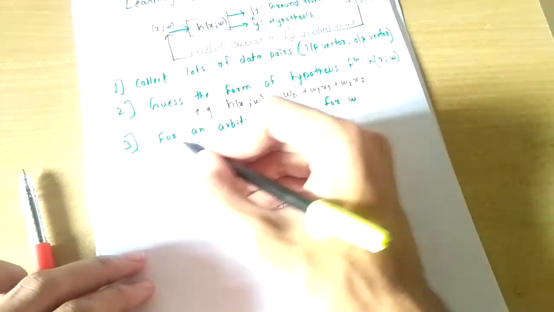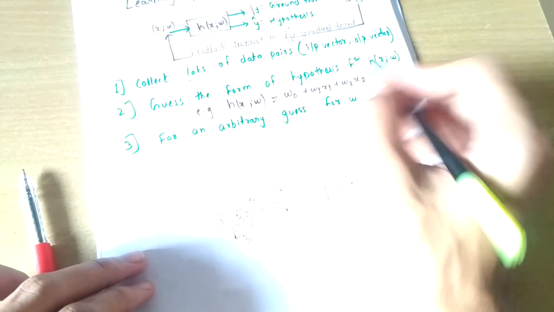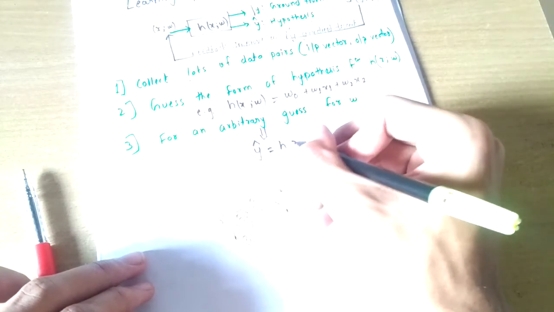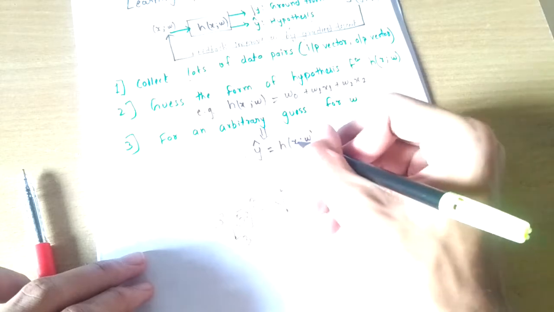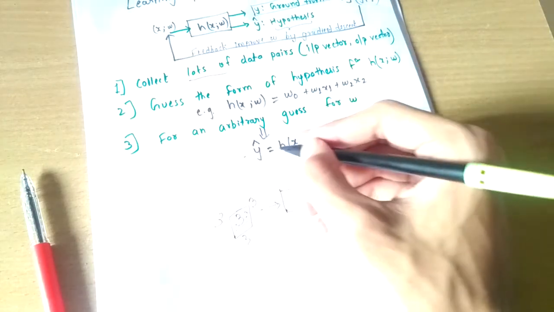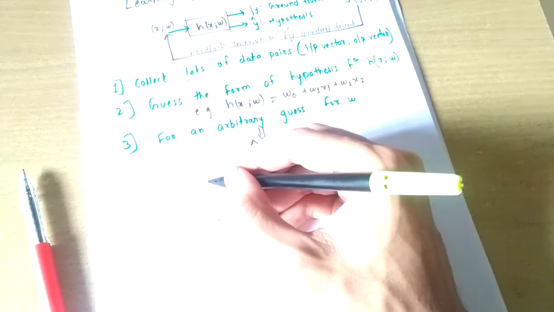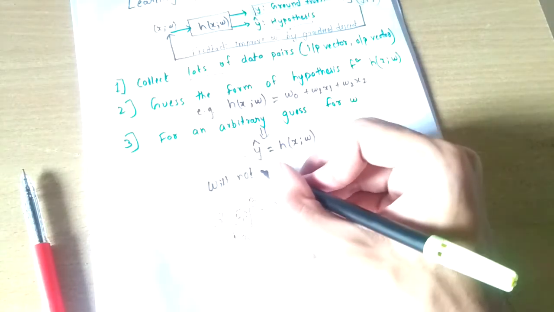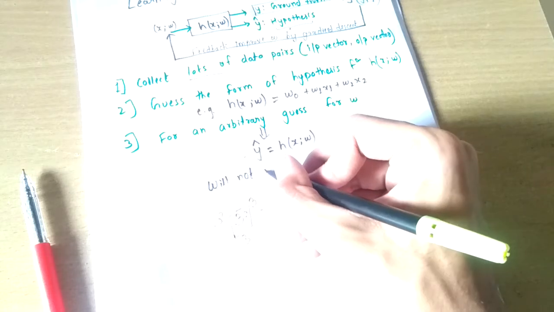Now what we do is guess any w, and correspondingly we calculate our output, which is denoted by y hat, which is nothing but h(x; w). And obviously we know that this will not match y, because y is the actual output, or we can say the ground truth.